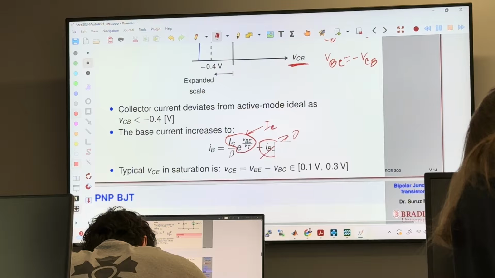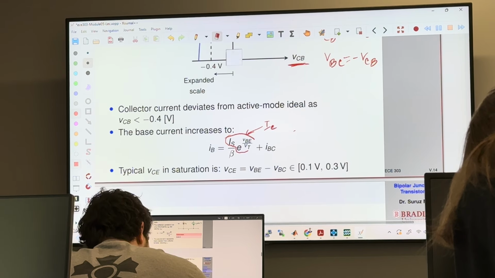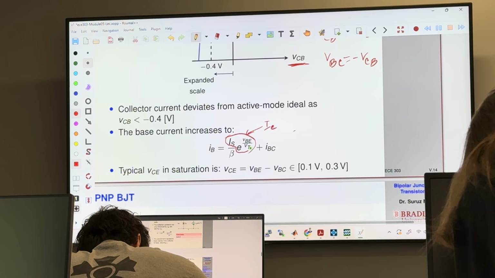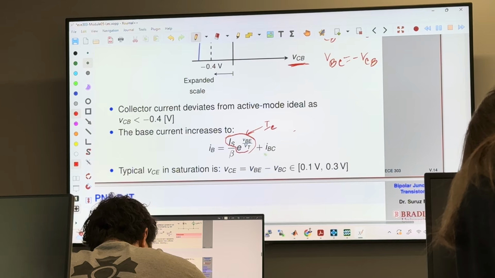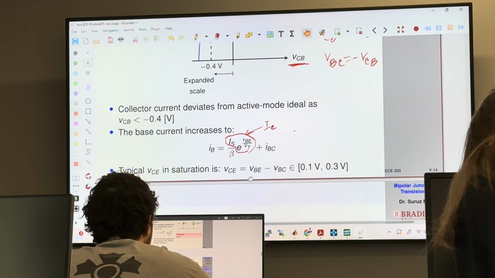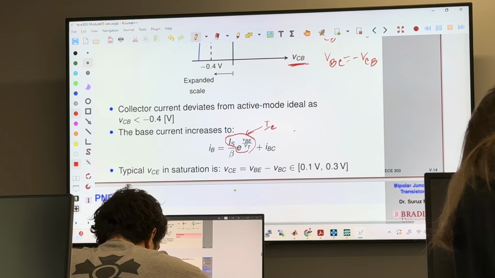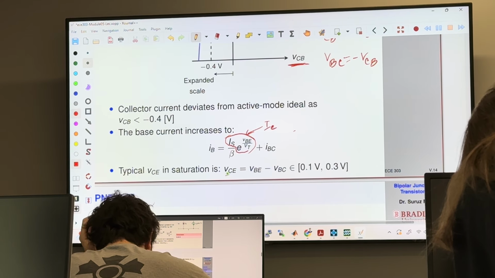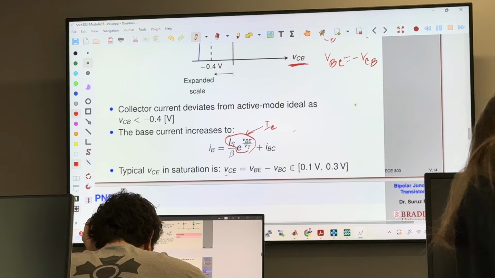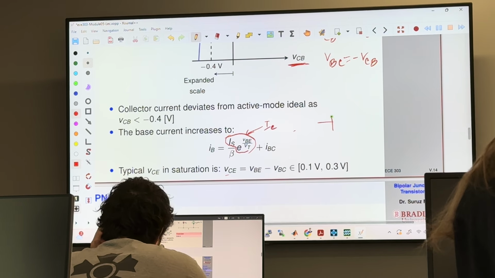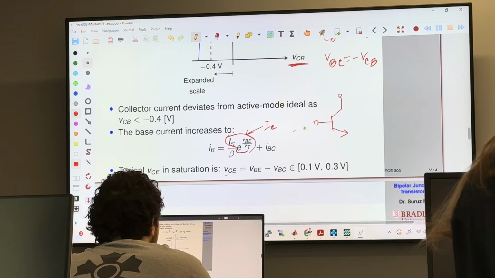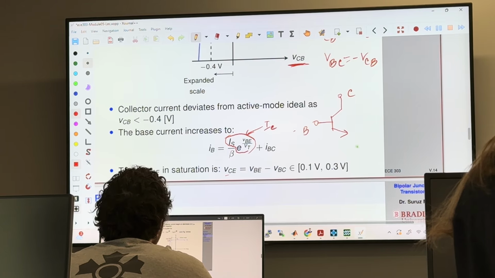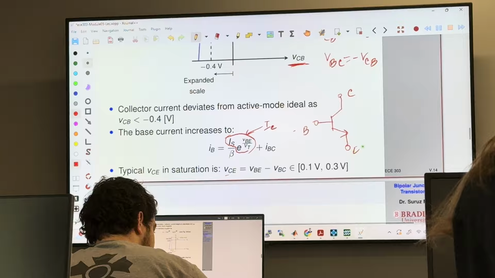But in saturation mode, because the base collector junction is forward biased, you do see some current. Now in saturation mode, VCE, the voltage between the collector and emitter terminals. So this is the transistor. This is base, this is collector, this is emitter.